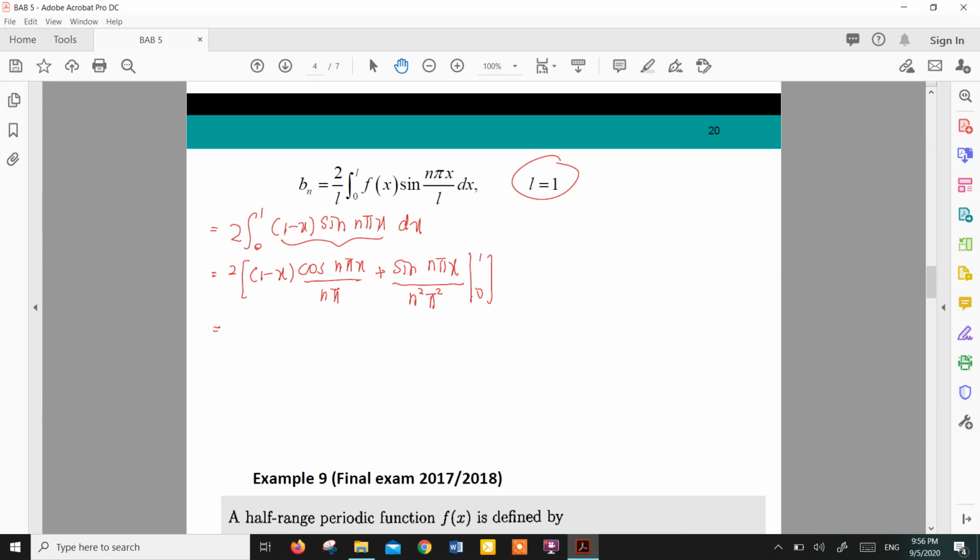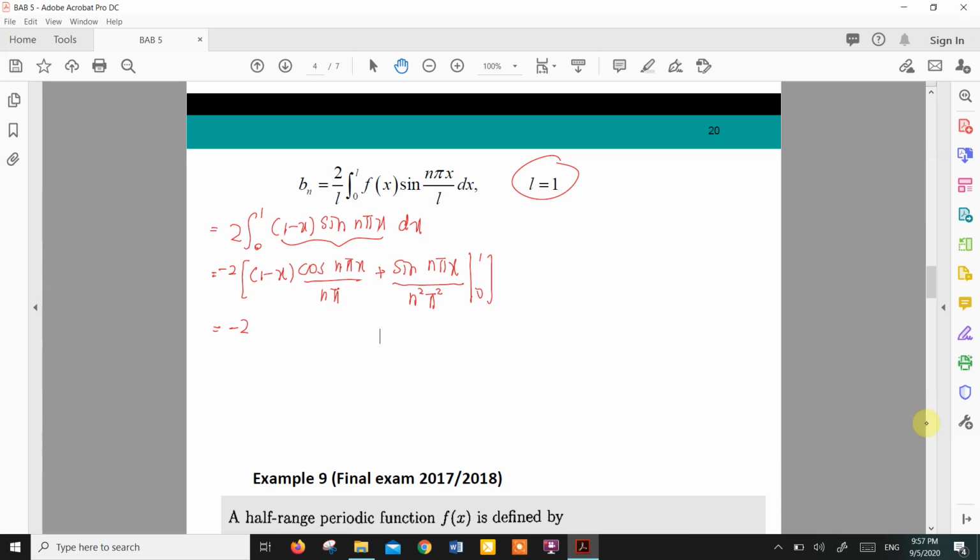You get negative here, so negative 2. If you are not confident with my solution, you can try on your own and see whether it is the same or not.